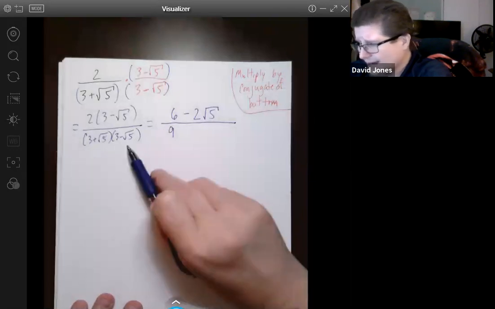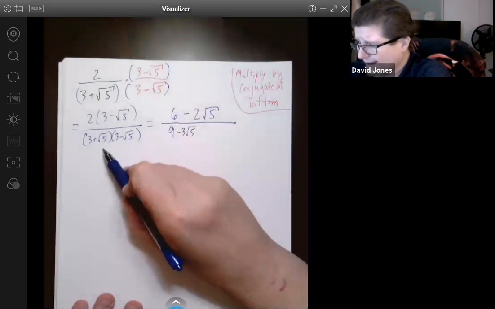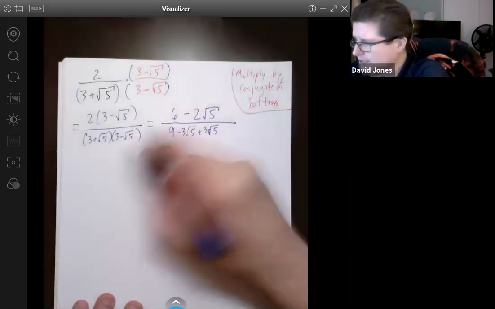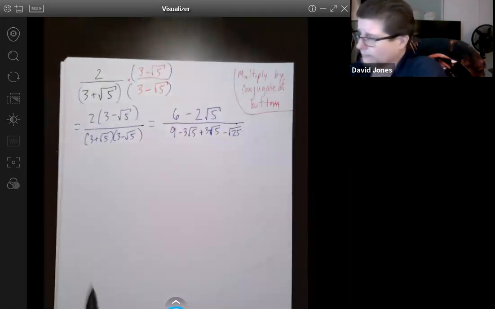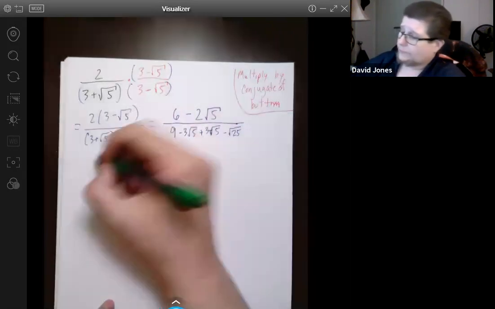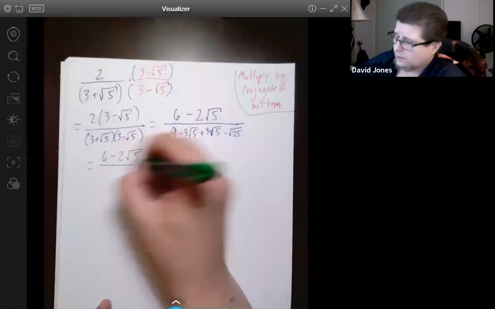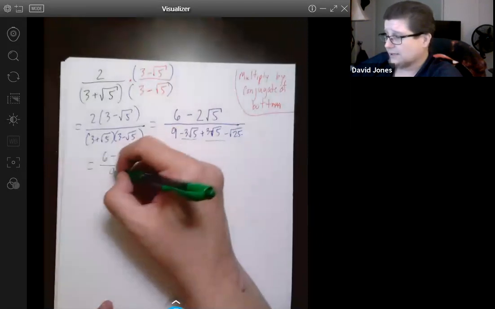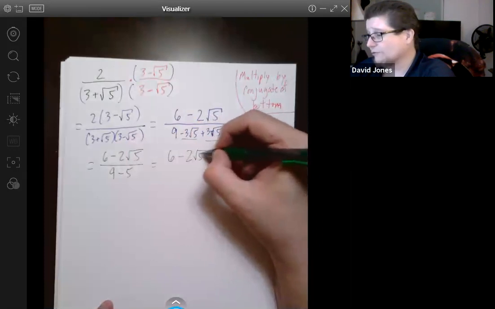Then I've got negative 3 root 5, FOIL, inside is next, plus 3 root 5. And then minus square root of 5 squared, or minus square root of 25. Those cancel, and square root of 25 is 5. I get 6 minus 2 root 5 over 4.